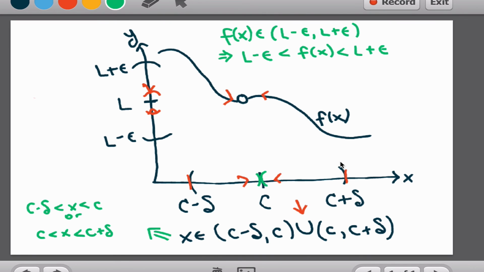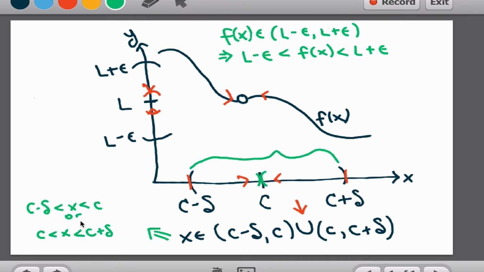If x is in this interval, here from c minus delta to c, and then from c to c plus delta, that means that x will always be bigger than c minus delta. It will be smaller than c on one hand, or x could be bigger than c, but smaller than c plus delta.